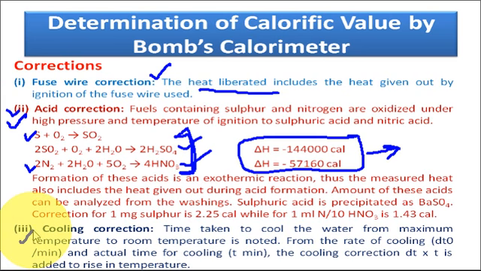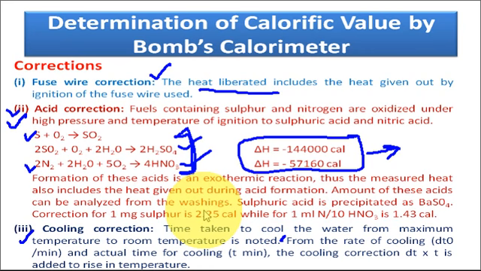Third one is the cooling correction. The time taken to cool the water from maximum temperature to the room temperature is noted. First of all, we must know what the cooling correction is. We know that in the Bomb calorimeter, the value of HCV is determined, and by definition the HCV is the calorific value when the fuel's combustion products are allowed to cool down to room temperature.